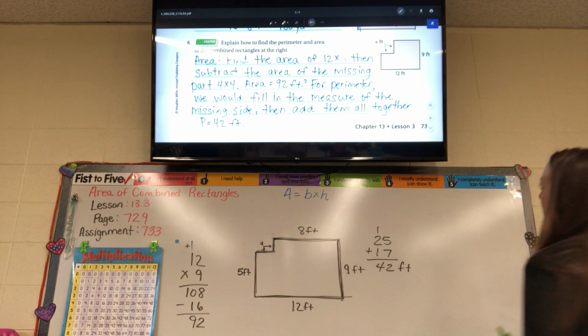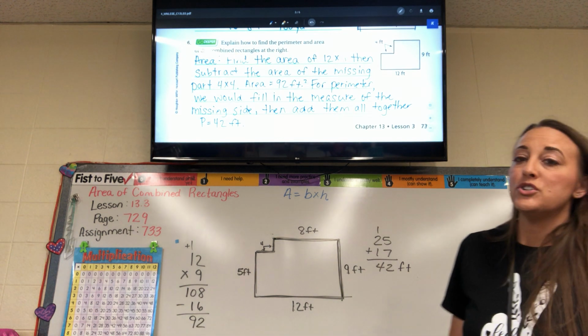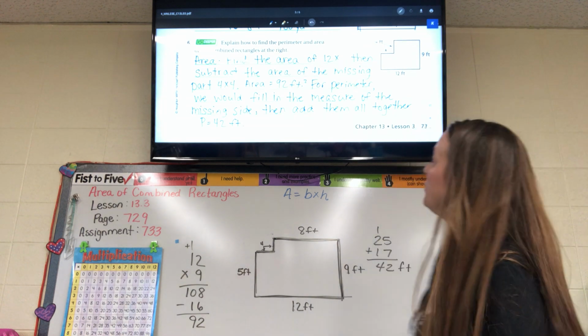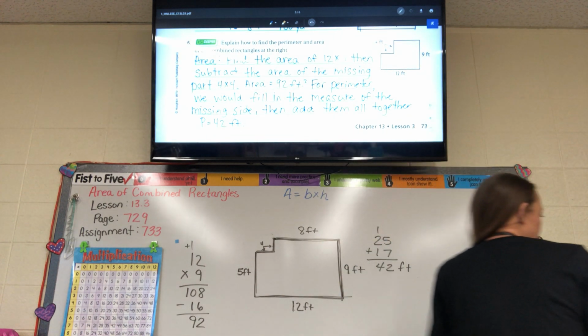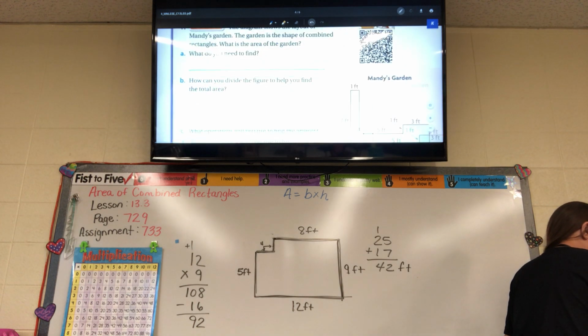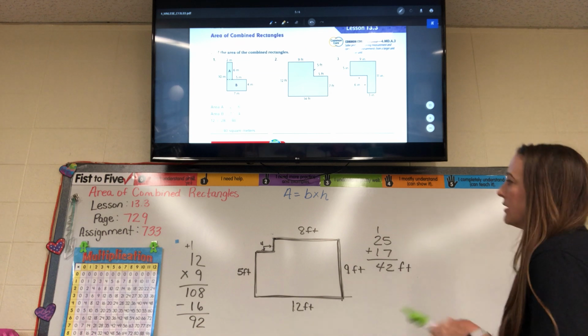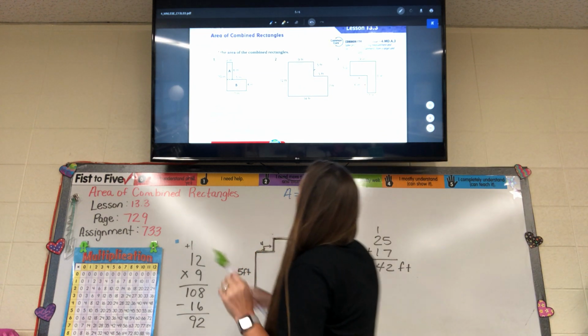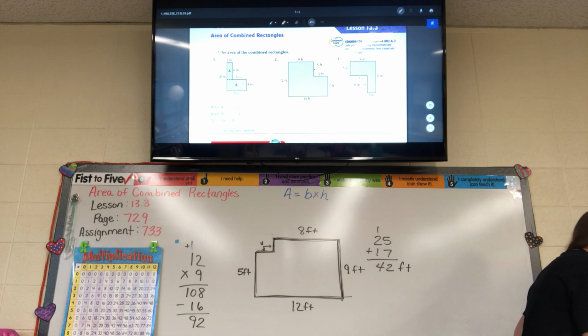All right. So if you did this on your own, you should have gotten the area is 92 square feet and the perimeter is 42 feet. Let's look at your assignment real quick, which is page number 729. And they've showed you an example in here.